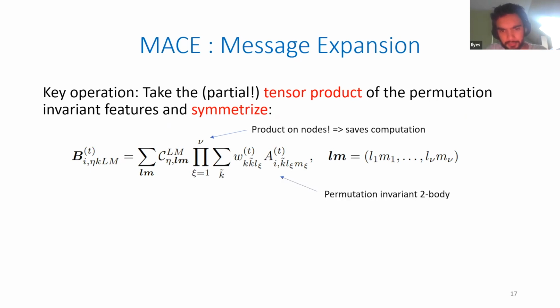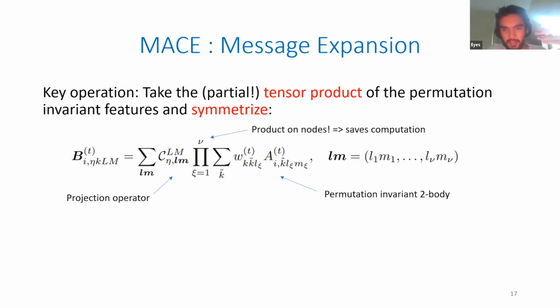And then you apply a projection operator that we call the generalized Clebsch-Gordan that projects from the tensor product space after the product here to the space of equivariant features. So it just maps the tensor product space to LM equivariant features.